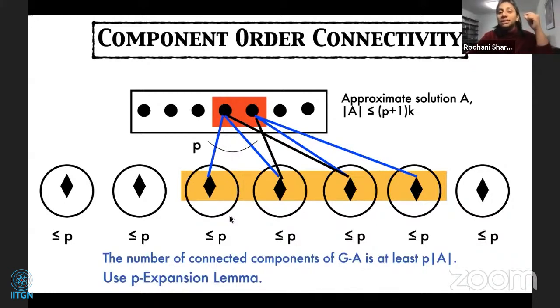So together with this red vertex, this forms a connected set of size at least p plus 1, right? And this is true for every star in this Q expansion. Every star corresponds to a disjoint connected set of size p plus 1. Right? So now we can talk about delegation.